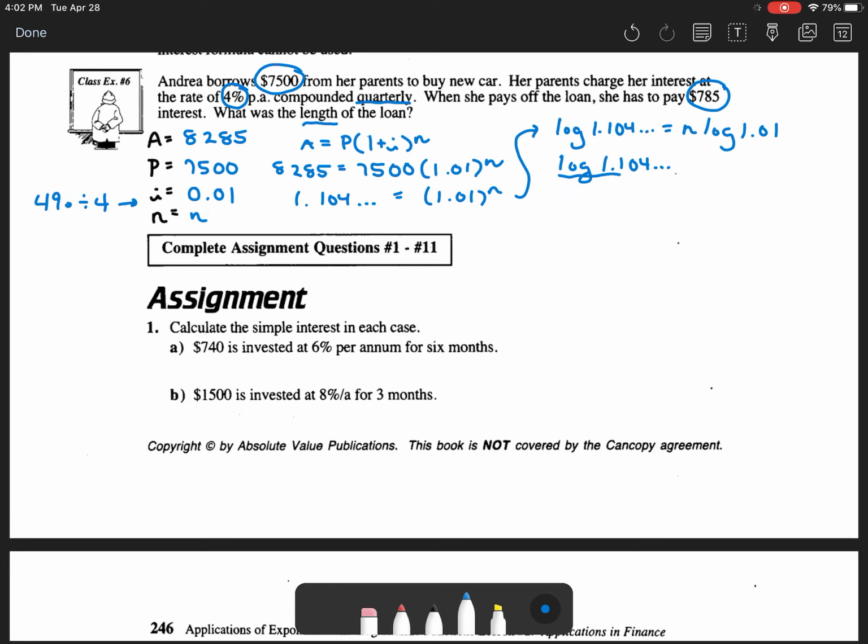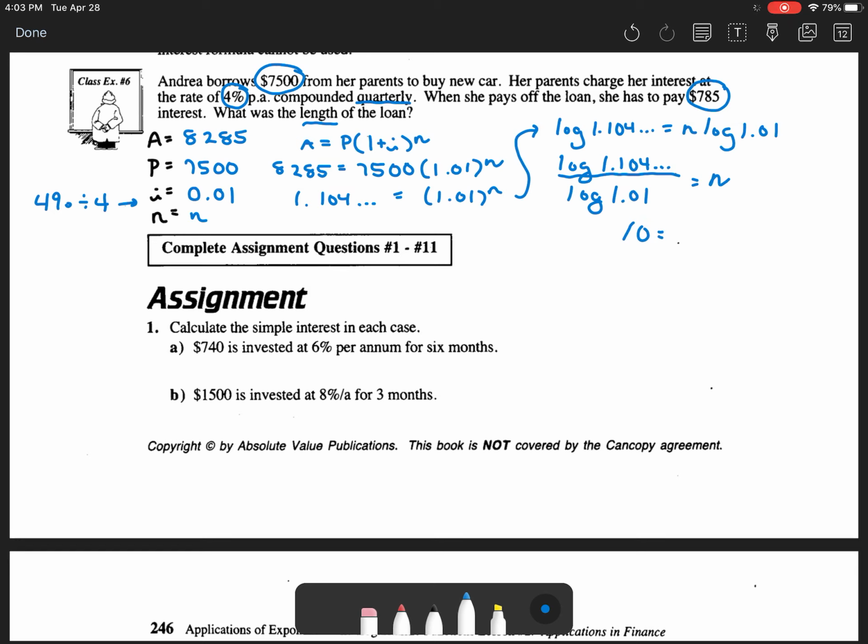So it'll be the log of that 1.104, etc., which will equal n log of 1.01. So the log of that whole value divided by the log of 1.01 will equal n.